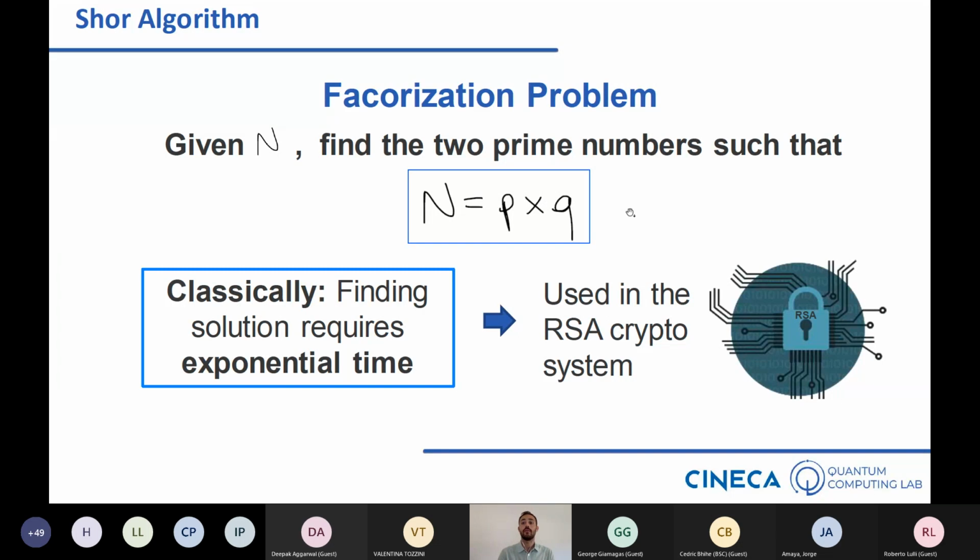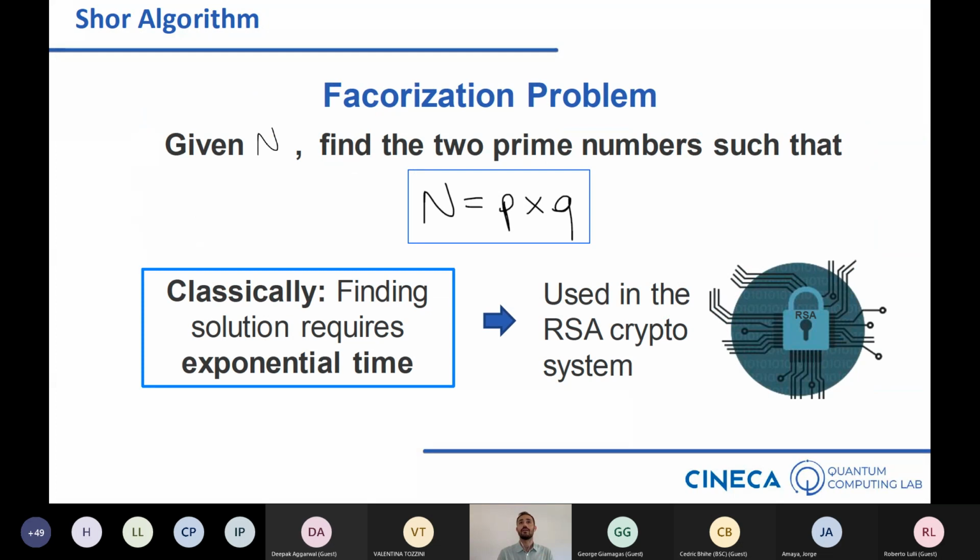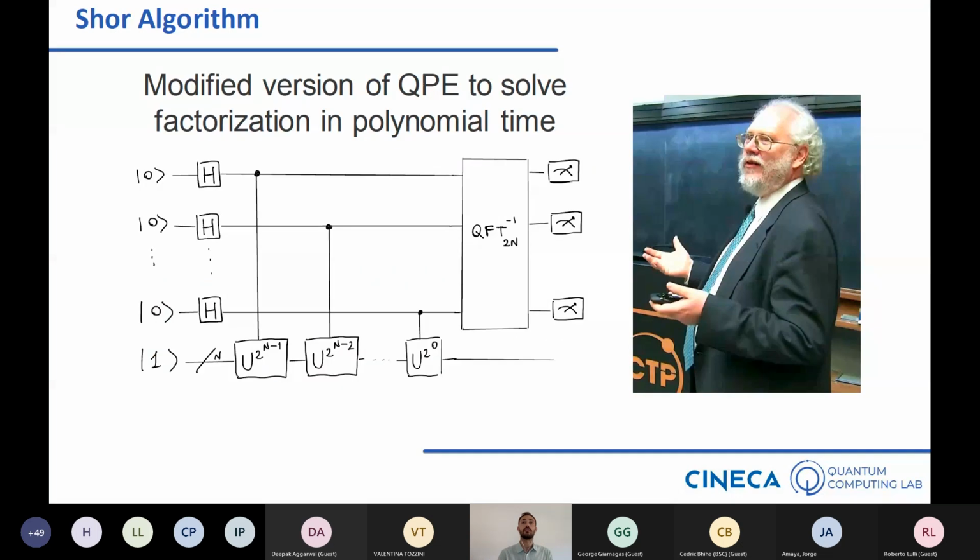Briefly, the idea is the following. Peter Shor was able to reformulate the problem of factorization into a problem of finding the period of a function, and finding the period of a function into the problem of quantum phase estimation. That was the trick that he employed.